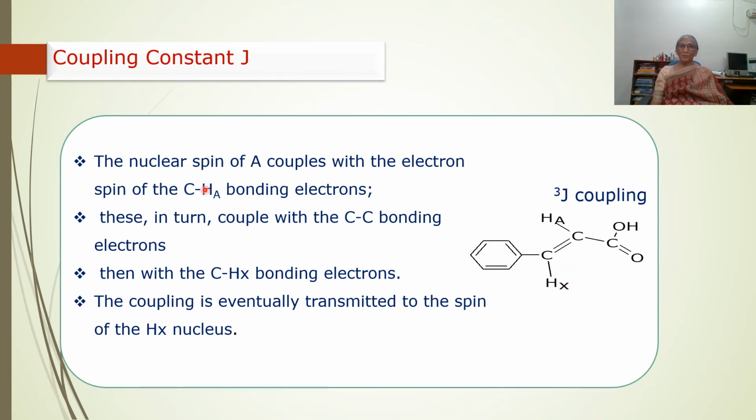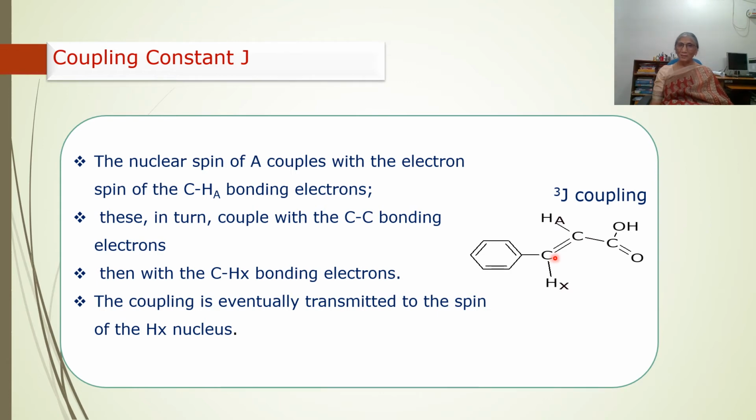The nuclear spin of proton A couples with the electron spin of the carbon-proton A electrons, and this is transmitted to the carbon-carbon bond.